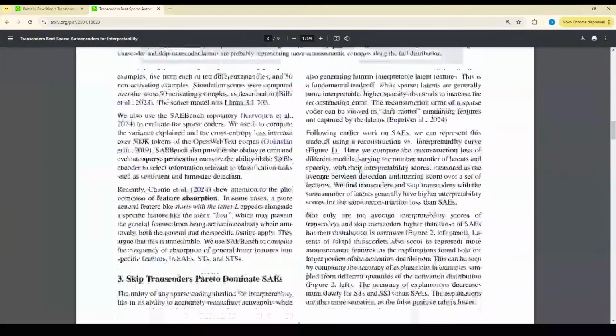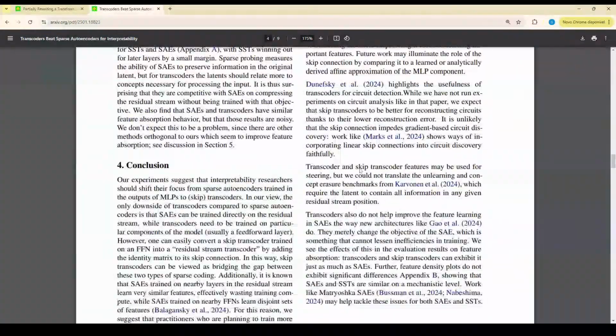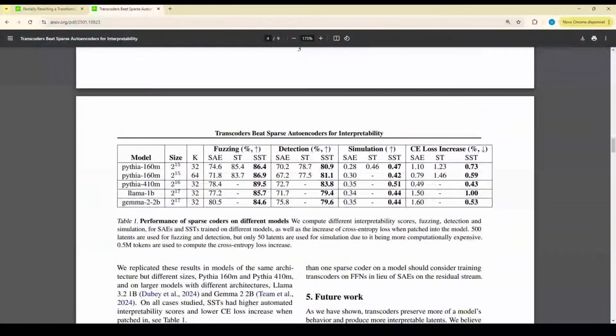And yes, this article is very short. This table is just showing that this is not just a single thing that you see on Pythia. If you train skip transcoders on a larger model, Llama and Gemma, you again see the same thing.